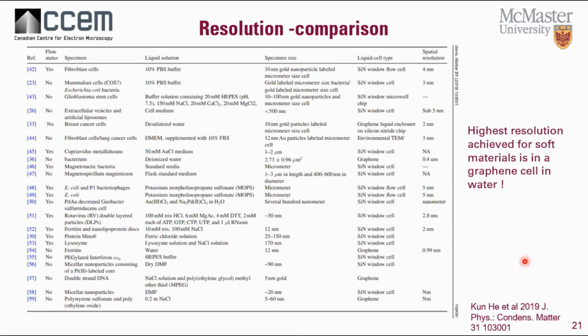This is a table showing different soft materials in liquid solution and the spatial resolution achieved in different cell types. So far, the best resolution was obtained in a graphene cell in water. The worst resolution in this table was found in a fibroblast cell in the silicon nitride window with a flow cell.